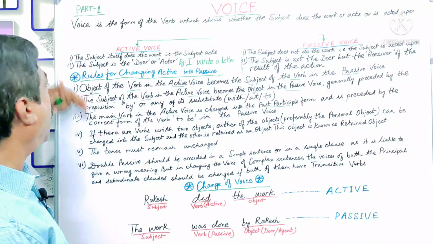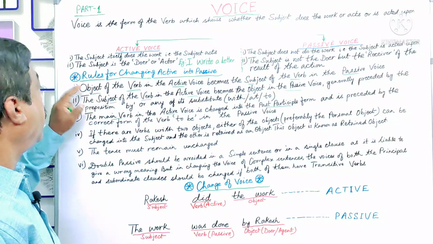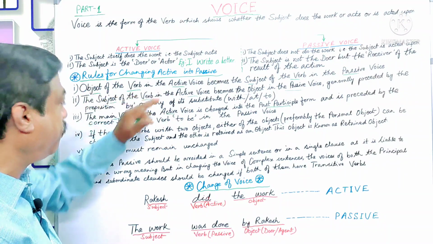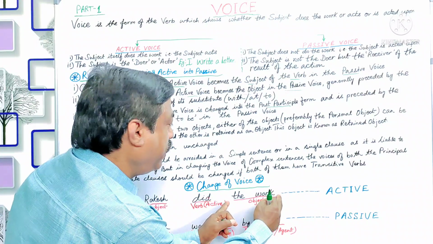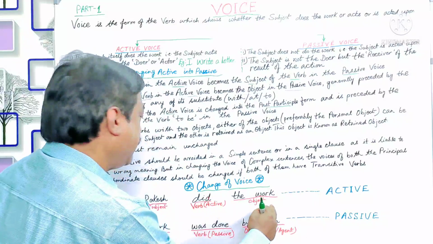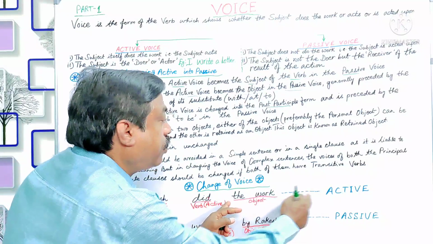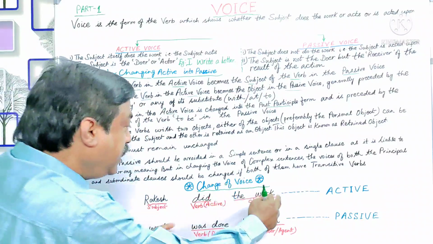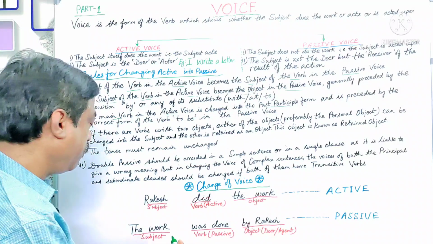So again you come to the points here, where the rules are written. You see, the first point, object of the verb in the active voice. In the sentence Rakesh did the work, this is in active voice. So the object of the verb in the active voice becomes the subject of the verb in the passive voice.